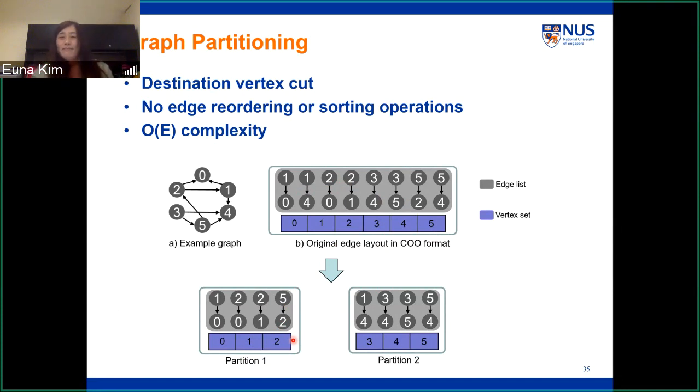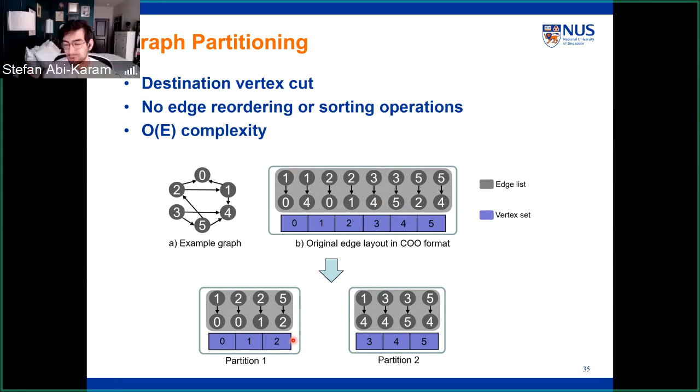I'm sorry, I have another question, just one more question about the partitioning. When you are doing the partitioning, you mentioned that you iterate through the list and split by destination vertex. My understanding, and please correct me if it's not correct, is that you should not have the same destination vertex in two separate partitions, because then you cannot process the partitions separately.